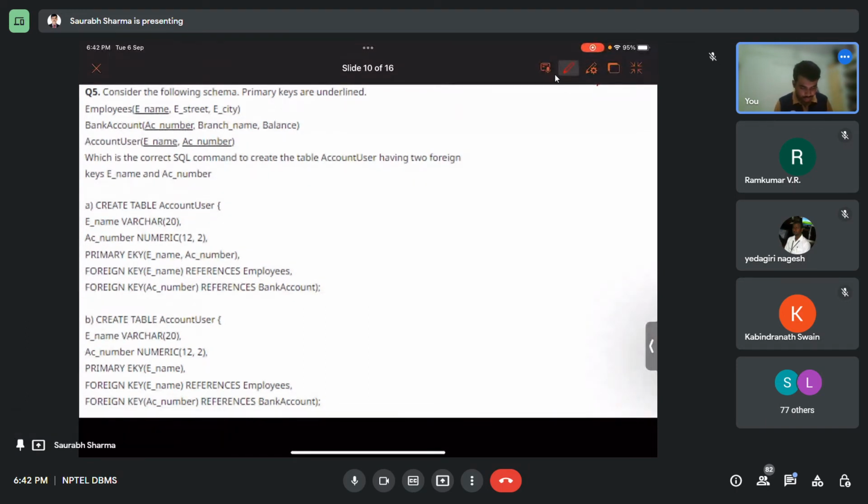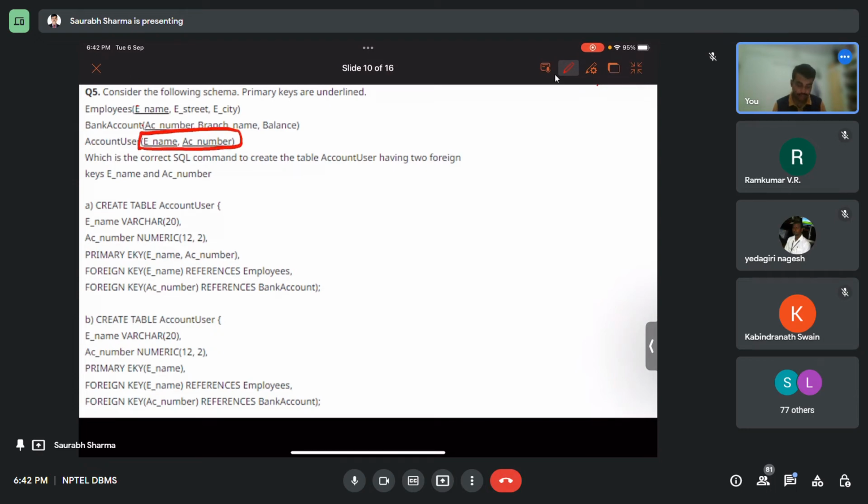First we should see if there is a referential relation between two of the relations. The relation table account user, which is referring to these two, will have a primary key composed of the two primary keys it is referencing.